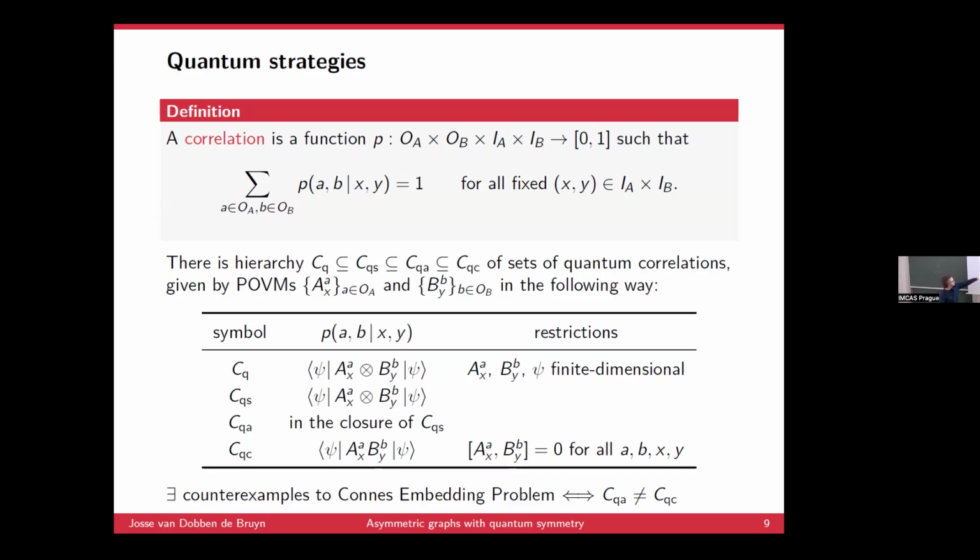Separating these correlation sets is known as Tsirelson's problem, and that's a deep and important question in quantum info. I think they also use this connection the other way around to actually get the non-constructive counterexamples that we now know for Connes' embedding problem via these non-local games. But I won't say more about that.